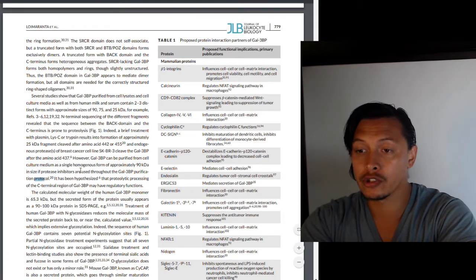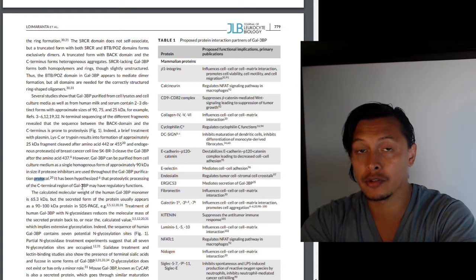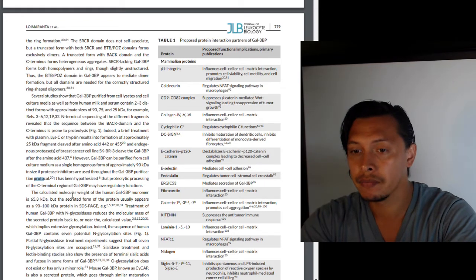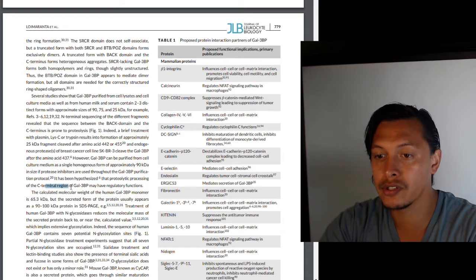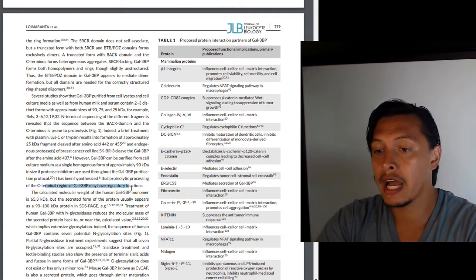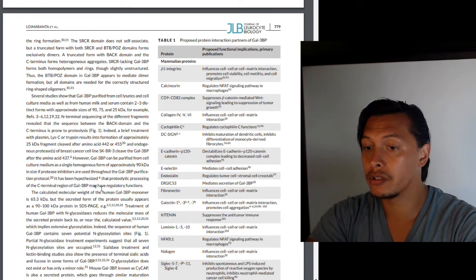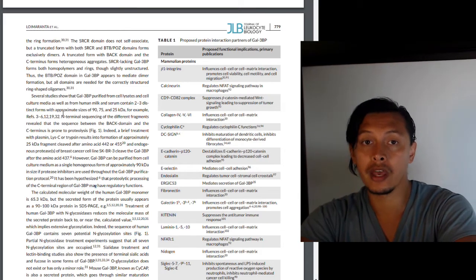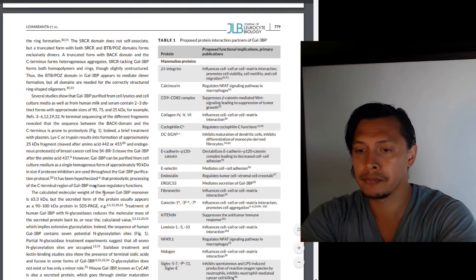So if you are trying to purify the Galectin-3 binding protein from cell lysates, or the insides of the cell, and you use protease inhibitors the entire time, the Galectin-3 binding protein remains intact. So it has been hypothesized that proteolytic processing of the C-terminal regions of Galectin-3 binding protein may have regulatory function. And I'd believe that. I really would, especially since it is close to those carbohydrate mimicking motifs.